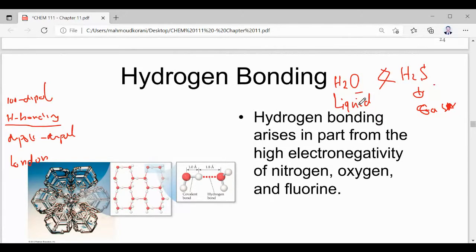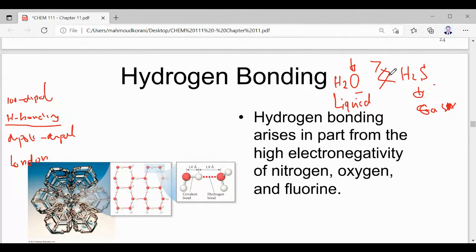The main reason for H2O to be liquid and H2S to be gas is the intermolecular forces between the molecules. Oxygen is a highly electronegative atom, so this compound contains hydrogen bonding, and this does not. So you could expect that the boiling point of H2O is very, very high compared to H2S.